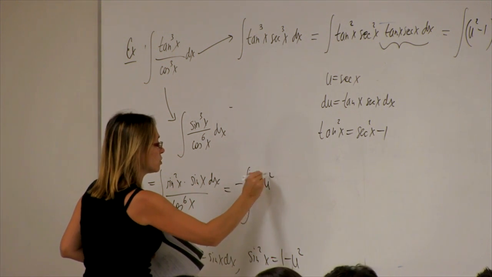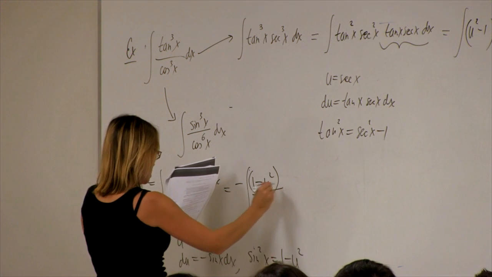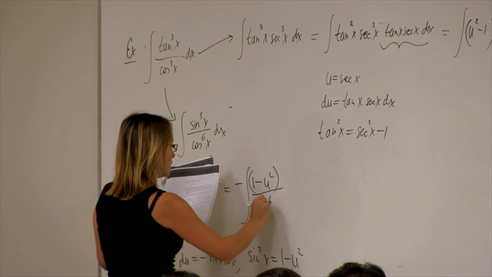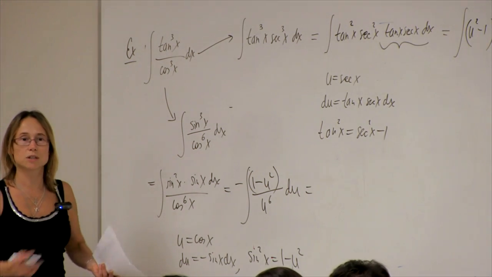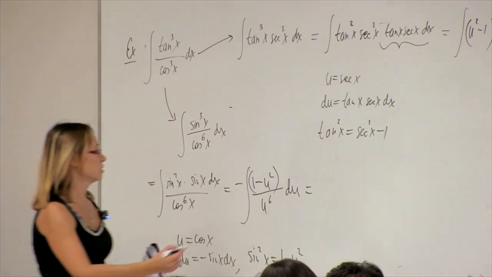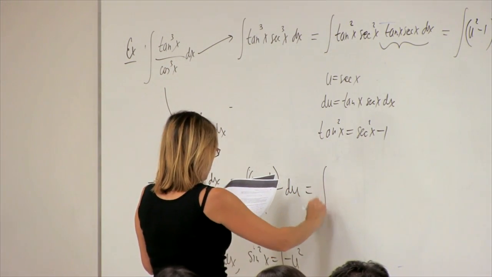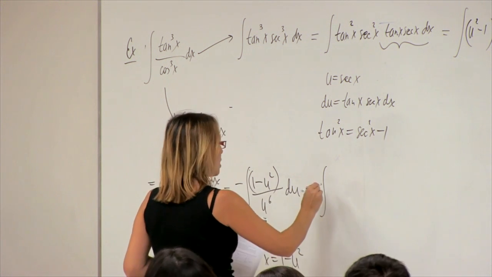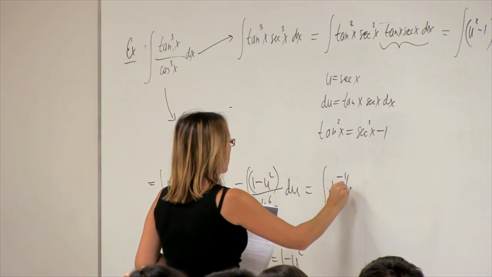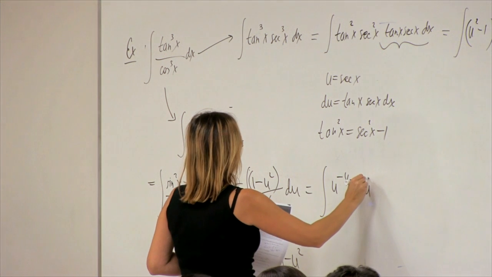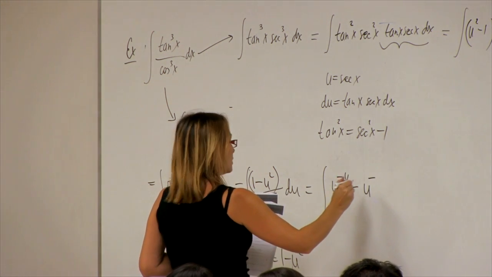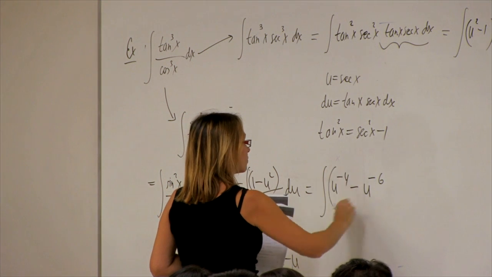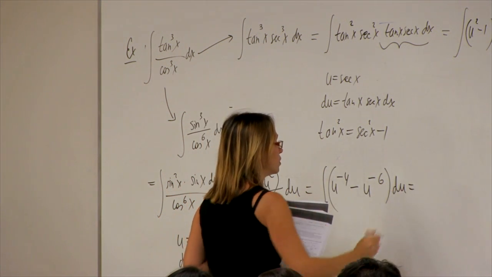So what do I get? 1 minus u squared over u to the 6 du. Is this easy? This is also easy because I can divide through and I get a power function. So this is given by u to the minus 4 minus u to the minus 6 du.